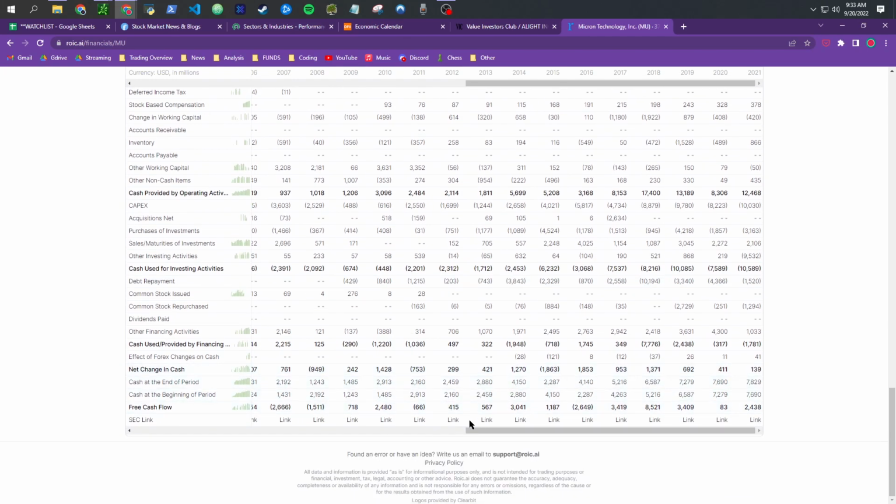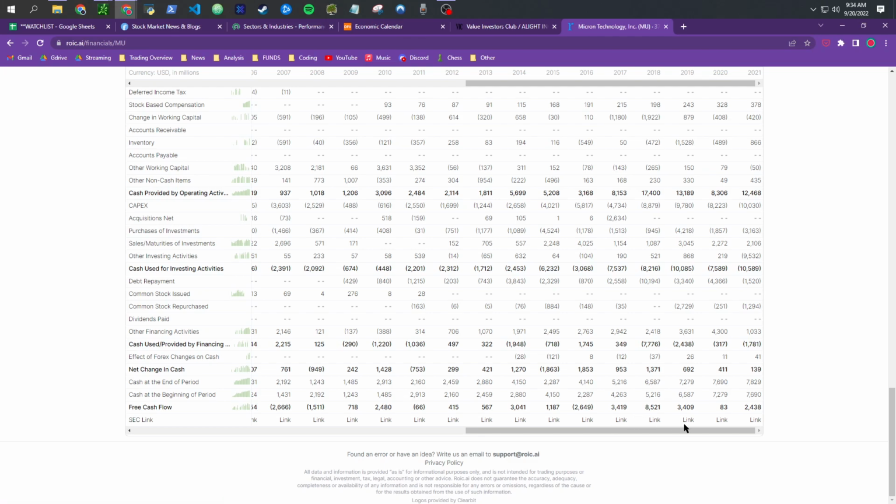So maybe I'll go down to free cash flow. And it's kind of the same thing, right? It's all over the place. 2.4 billion in 2021. Going back, 8.3, 3.4, 8.5, back down to 3.4, negative 2.6. So not exactly what I would want to see in terms of how well the company will perform over the next year or two, right?